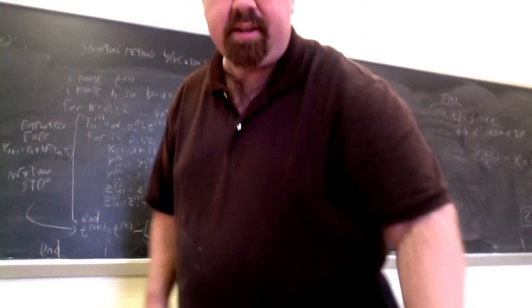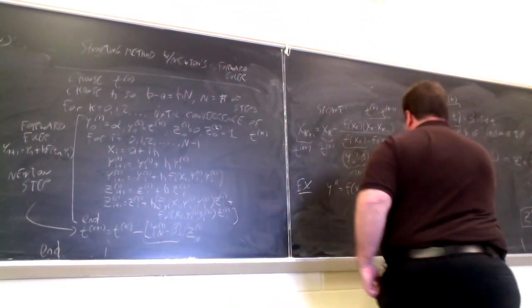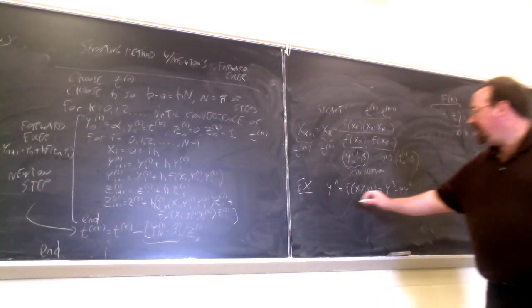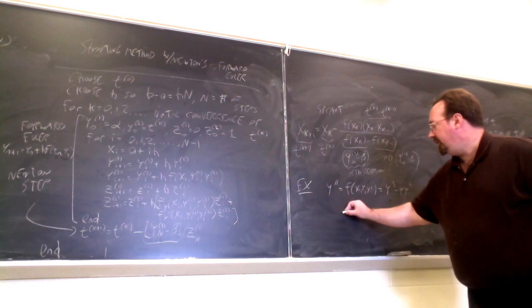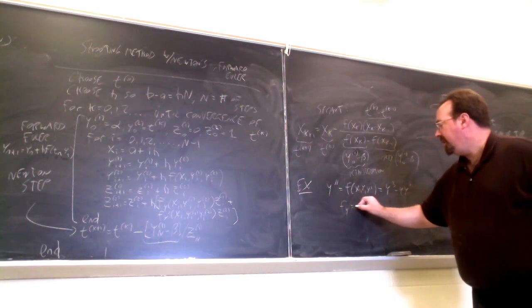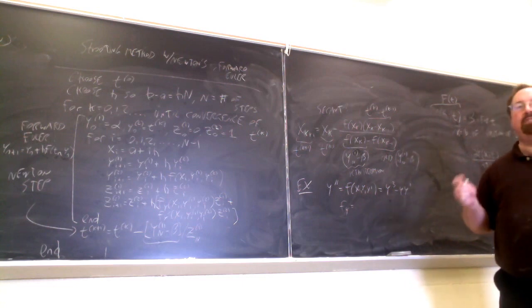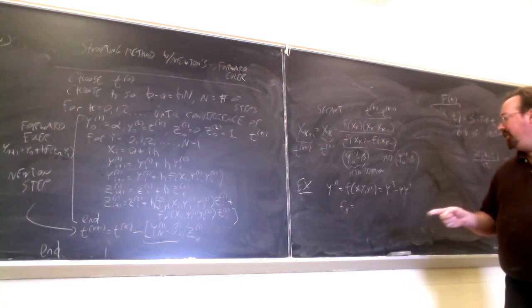So here's my boundary value problem. For df dy, you can treat y and y prime as independent variables. So what is the derivative of this with respect to y?